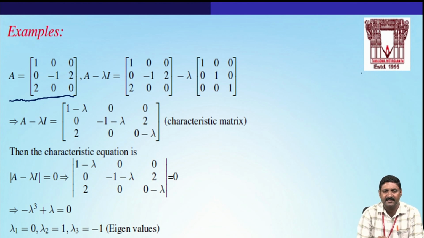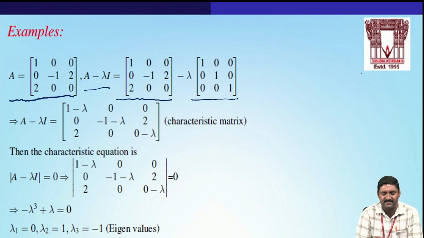How to construct the characteristic matrix? The form is A minus lambda I. Now here in A minus lambda I, substitute the given matrix in place of A. Lambda is a scalar, it may be either real or complex. Here we are taking the identity matrix. As I said previously, the given matrix is of order 3 by 3, so we will take the 3 by 3 identity matrix.